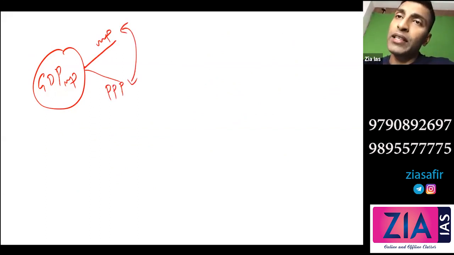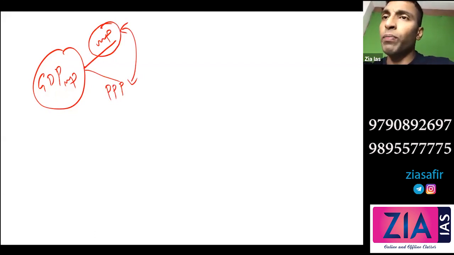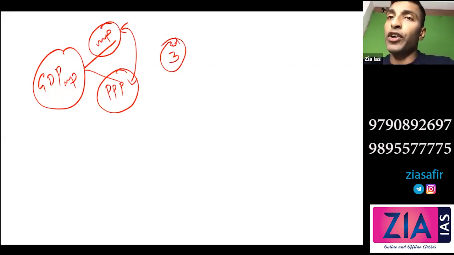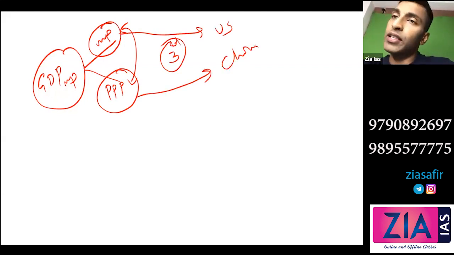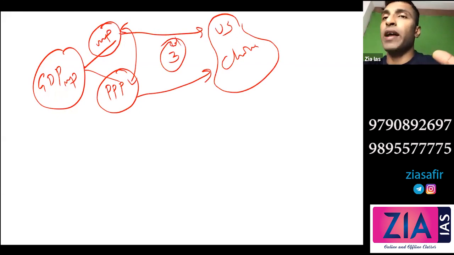At market price, our position may be very low, like 8th or 9th in total GDPs of all the countries. But if it is purchasing power parity, we will come to 3rd. Similarly, at market price, the US is at the top, but at purchasing power parity, China will be at the top. So what is this purchasing power parity? We will discuss.